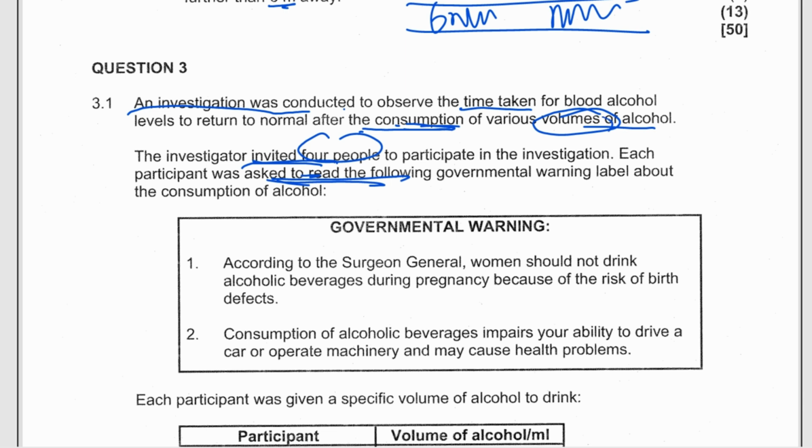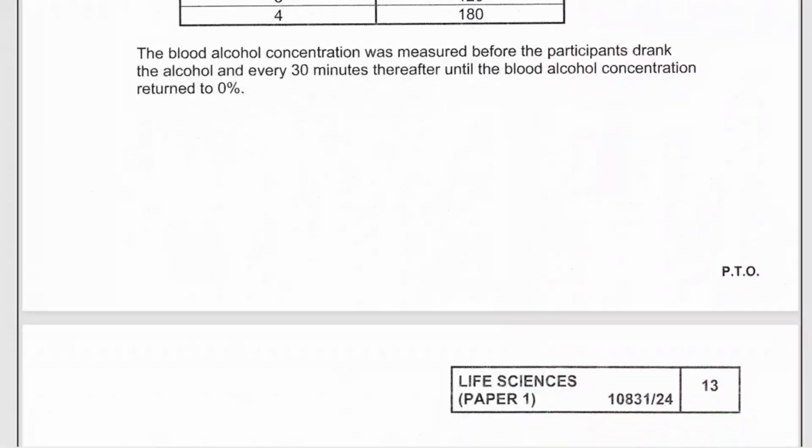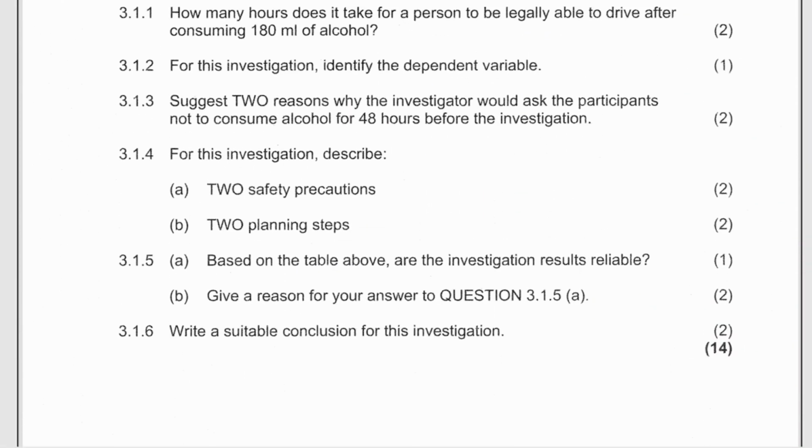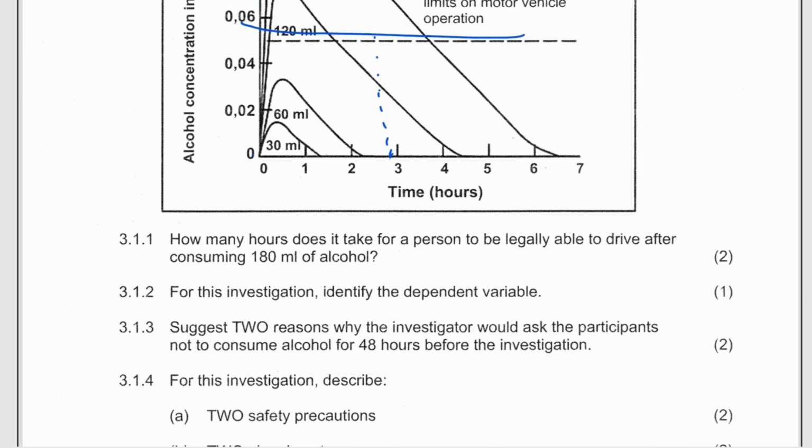The volume will determine the time taken for the blood to be free of alcohol, meaning the independent variable is the volume consumed and the time taken is the dependent variable. Therefore the answer here is time taken to recover. You understand?